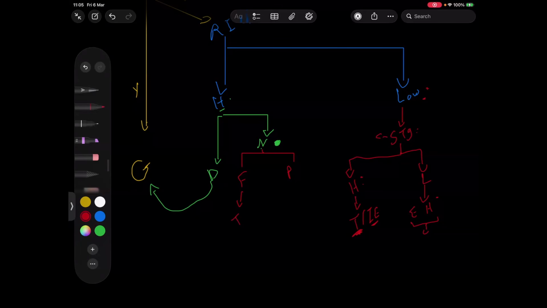Then coming to the other side, if the radioiodine uptake is high, we look for the pattern. If it's a diffuse or homogeneous uptake, then it's definitely Graves.